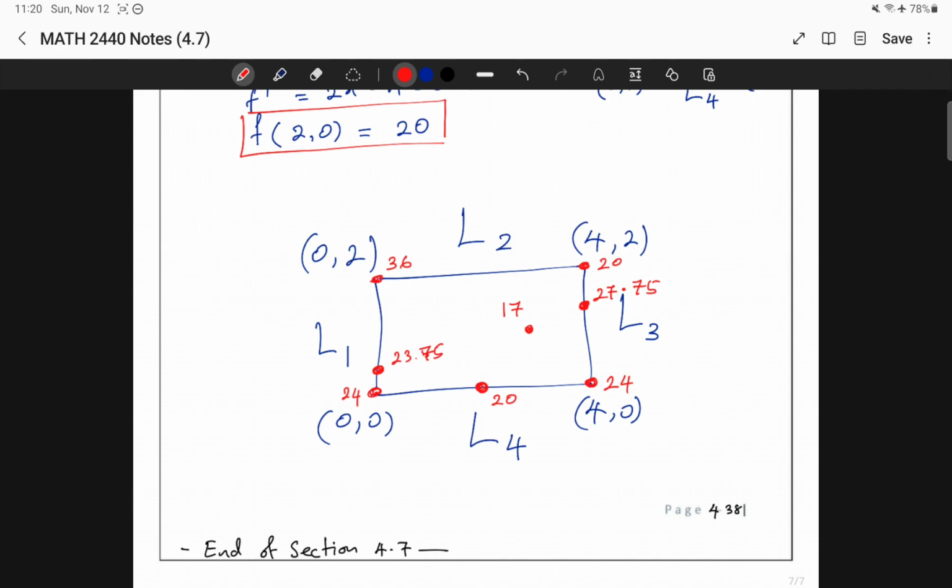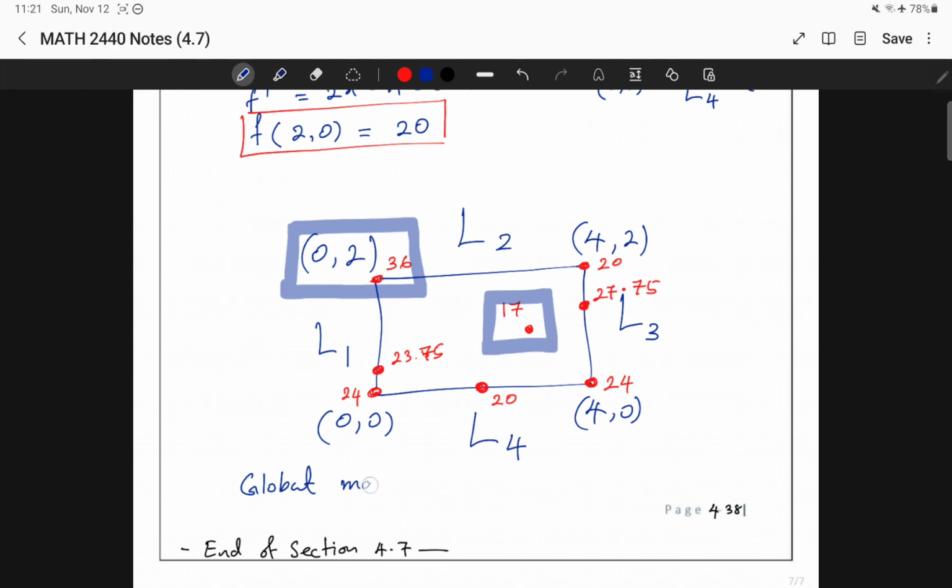Out of these you pick the largest, that will be the global maximum. So 36, this point is the global maximum, and this point is the global minimum. So the global maximum is at (0, 2).